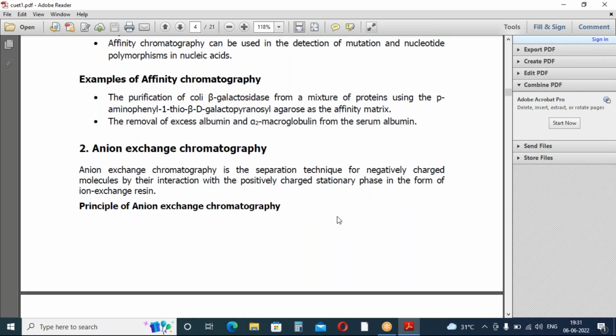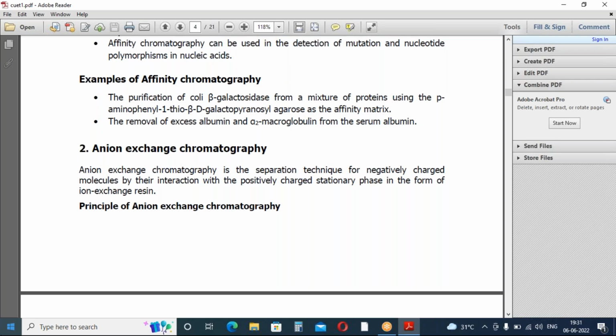And next coming to anion exchange chromatography, which is concerned with ion exchange chromatography. In ion exchange chromatography, what is happening? Exchange of ions takes place between the stationary phase and mobile phase, and that causes the separation.